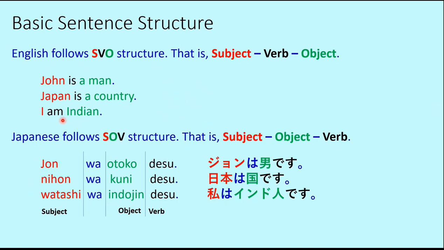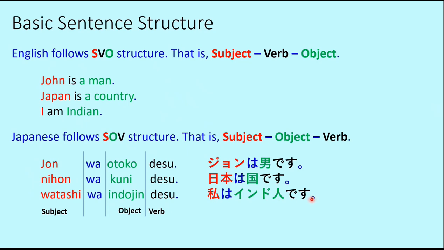All these are different forms of the to be verb. So this is the corresponding word in Japanese. So we have the sentences written as Jon wa otoko desu, Nihon wa kuni desu, Watashi wa Indojin desu. You can see Jon wa otoko desu, Nihon wa kuni desu, Watashi wa Indojin desu.